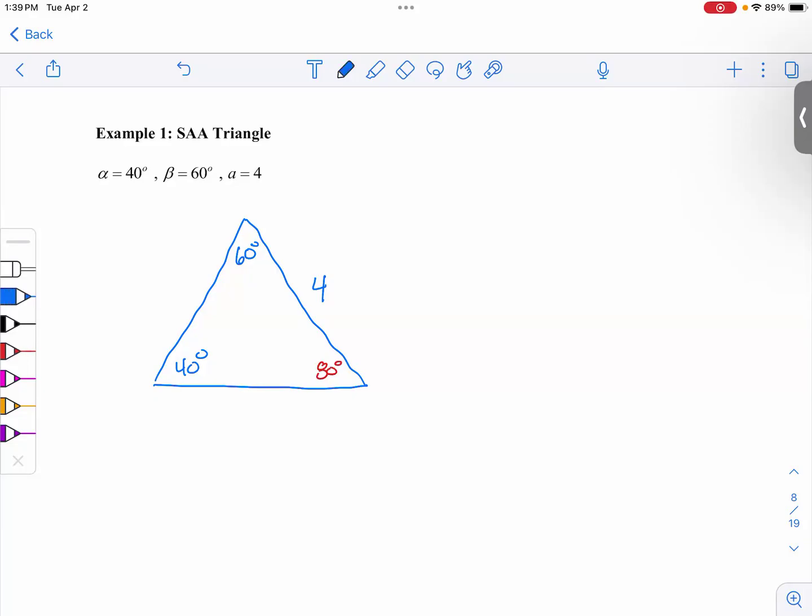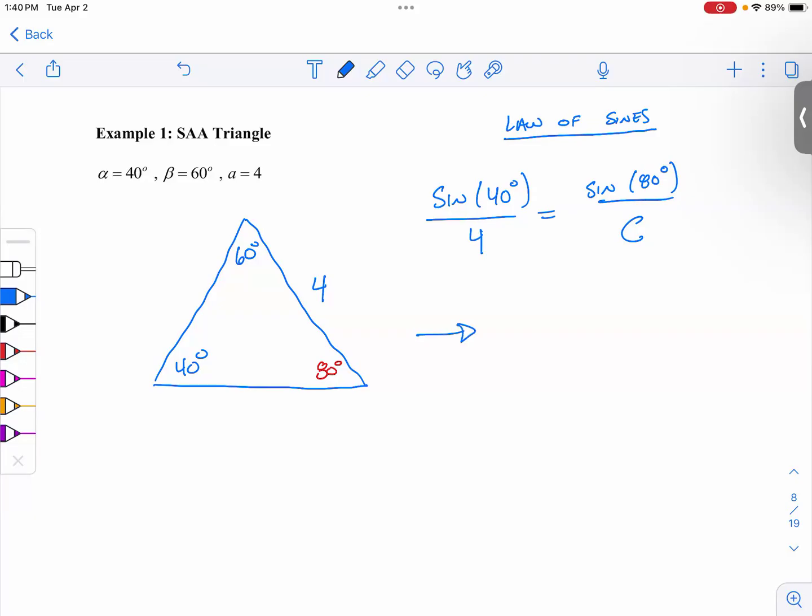Once you have that, then you can start lining up. So sine of 40 degrees all over 4. And this is what the law of sines says. So sine of 40, and then pick the other angle. Sine, and it doesn't really matter, I can do them in any order. Sine of 80 degrees all over C, just to keep our notation the same.